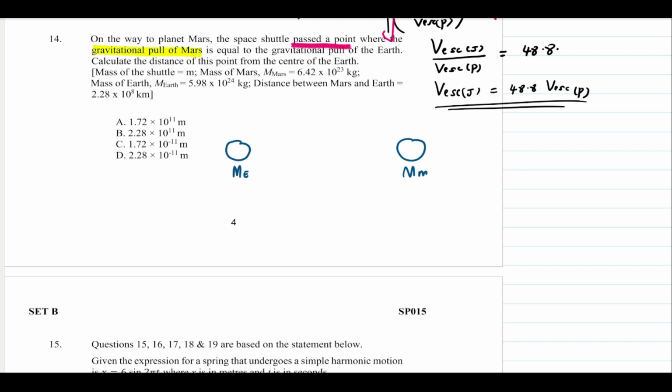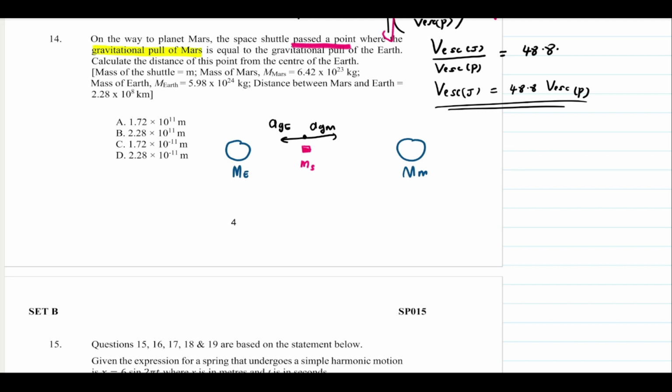Pass a point where the gravitational pull of Mars is equal. So let's say lah space shuttle tu akhirnya dekat sini. So this is the mass of the space shuttle. Okay. Where at this point, okay, the space shuttle will experience gravitational pull due to the Earth and gravitational pull due to the Mars. Boleh?